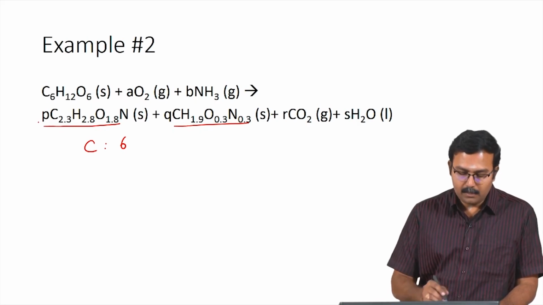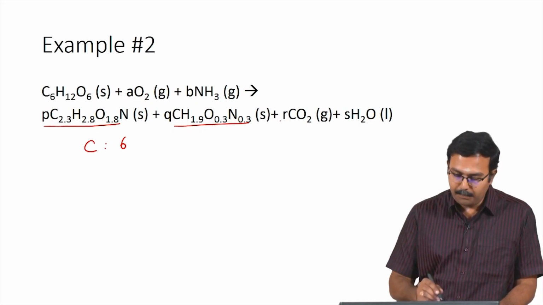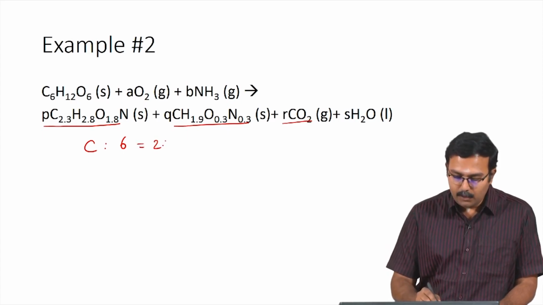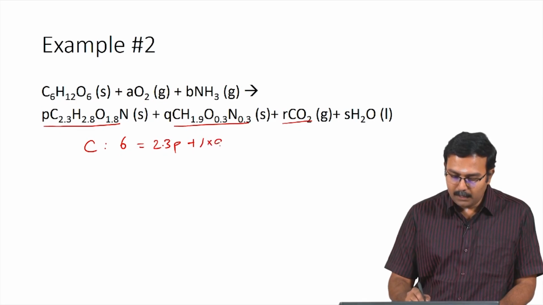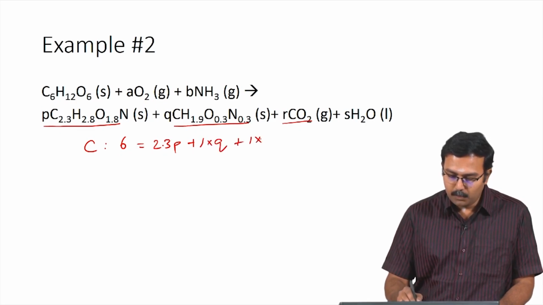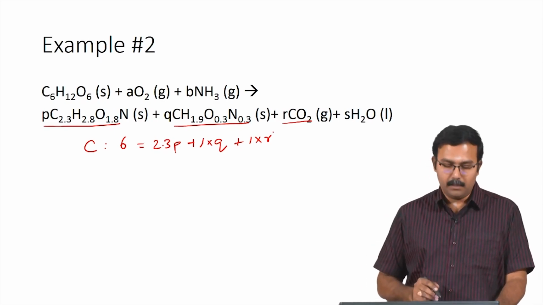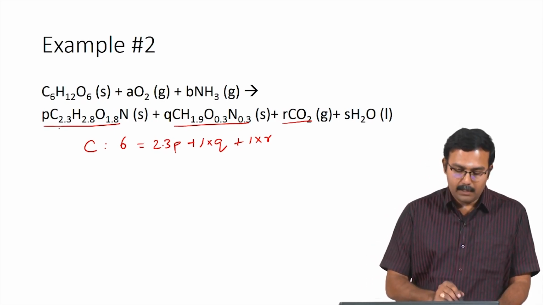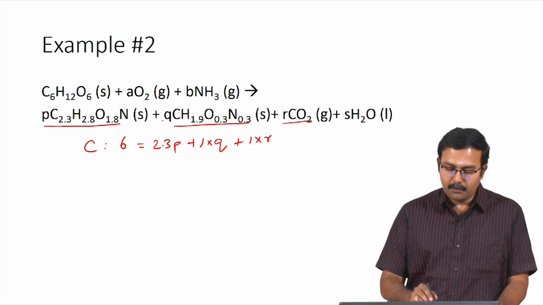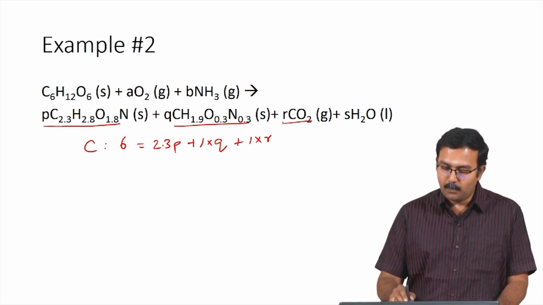So, the humulin coefficient has been given as P. You also have carbon in carbon dioxide. So, using this, you have 6 equals 2.3 times P plus 1 times Q plus 1 times R. So, this becomes your balance equation for carbon.